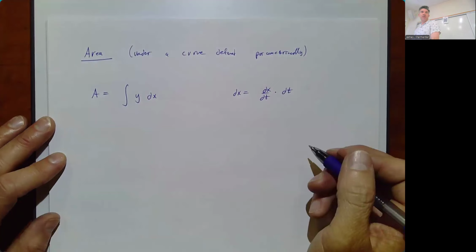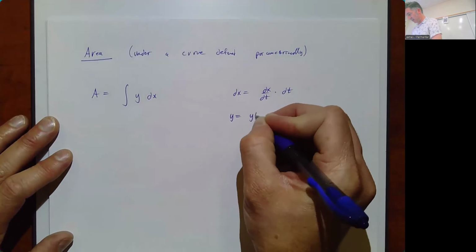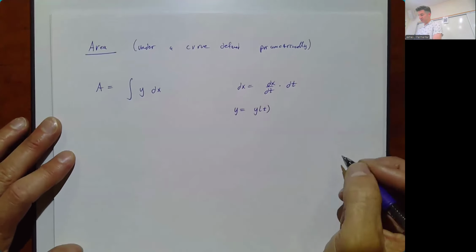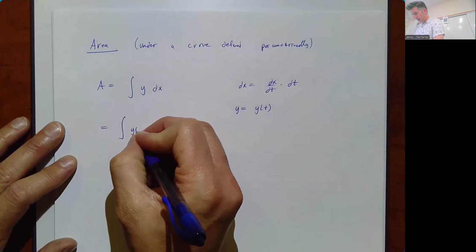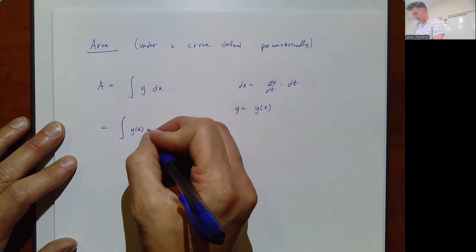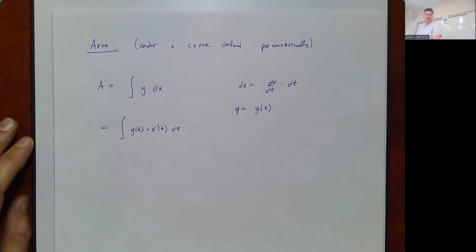And y is just a function of t, right? Y is equal to whatever y is as a function of t. So this is really equal to y of t times x prime of t dt.